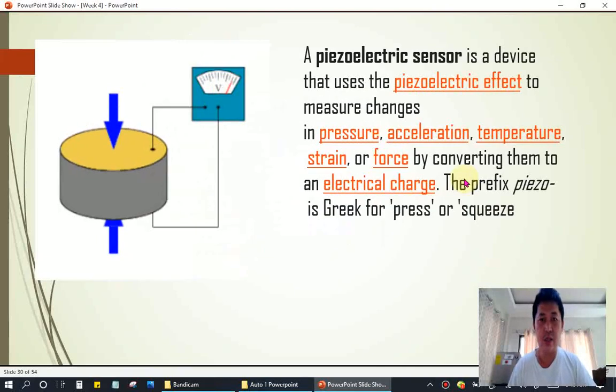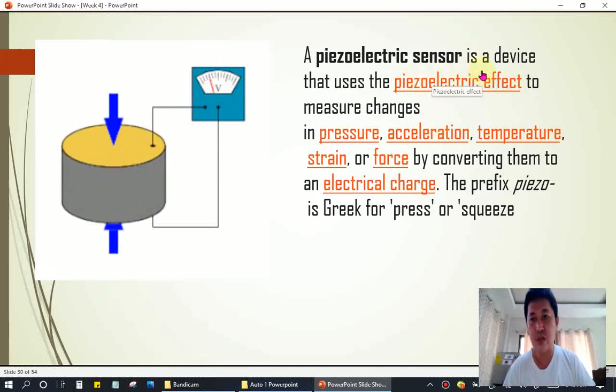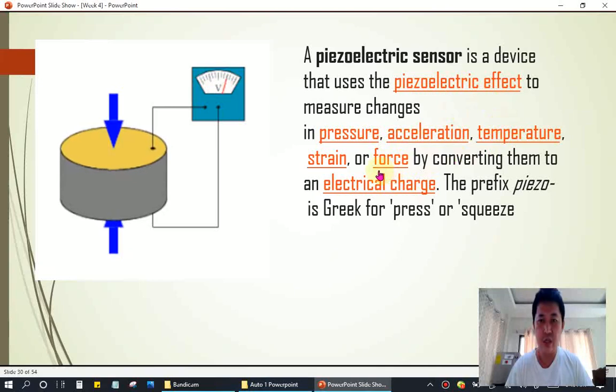So we will see the illustration here. A piezoelectric sensor is a device that uses the piezoelectric effect to measure changes in pressure, acceleration, temperature, strain, or force by converting them to an electrical charge. The prefix piezo is Greek for press or squeeze.